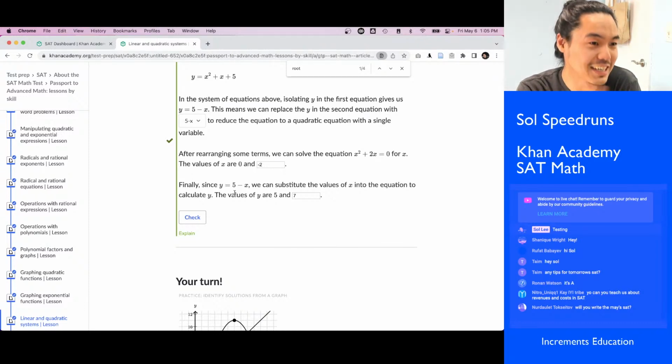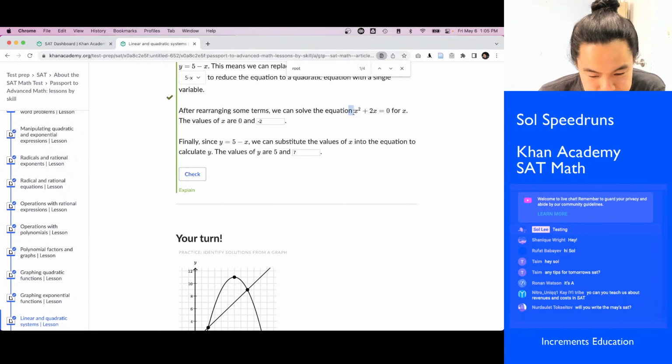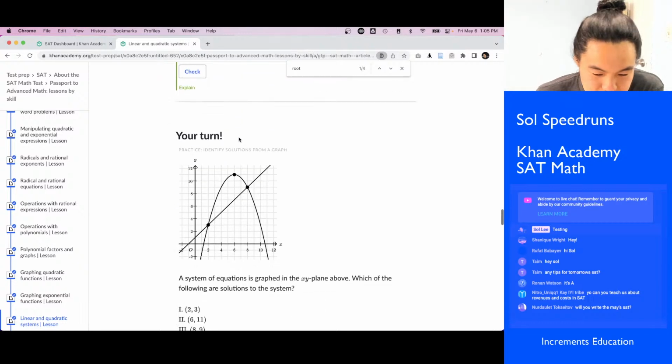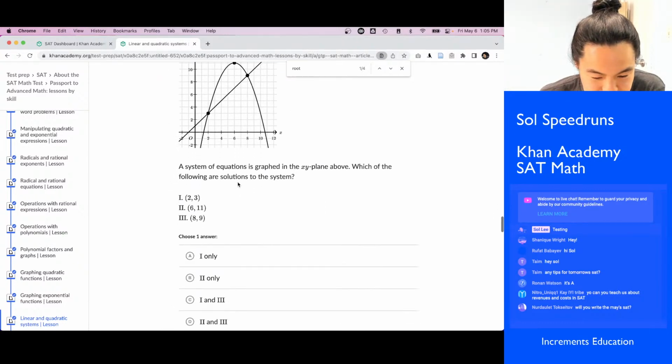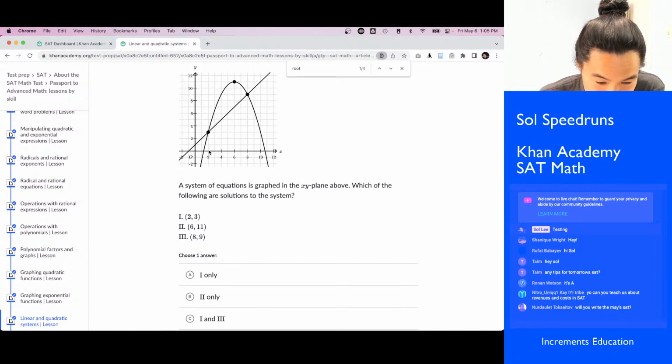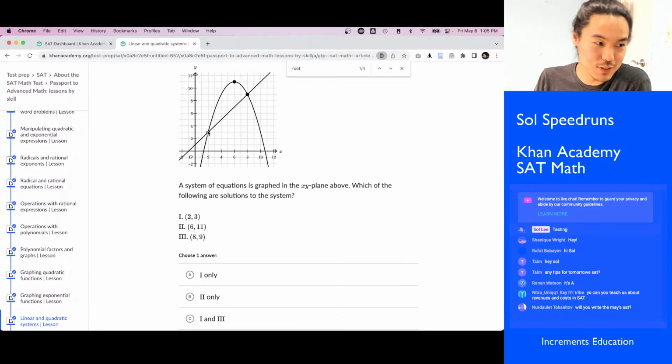Oh my god. It's terrible. Anyway, I'll do better on the actual SAT because I'll be more focused. I hope, God, I hope I don't get a worse score this time. That'd be so annoying.